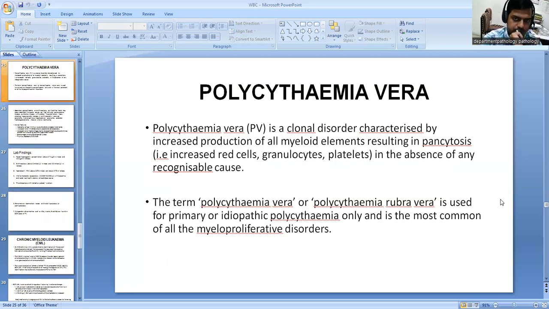Now we are speaking about polycythemia vera. It is a clonal disorder characterized by increased production of all myeloid elements resulting in pancytosis, that is, increased red cells, leukocytes, and platelets in the absence of any recognizable cause.